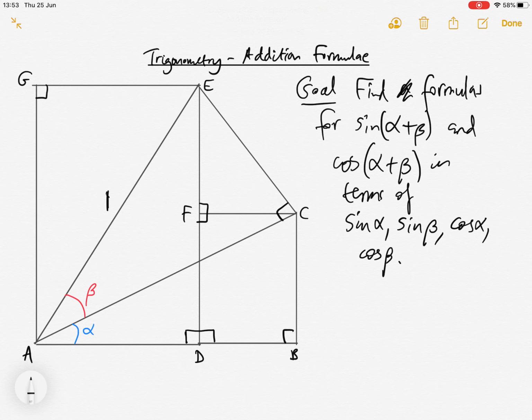So what I want you to do is to think about, firstly, where can you find on this diagram the sides that have length sine alpha, sine beta, cos alpha, and cos beta.